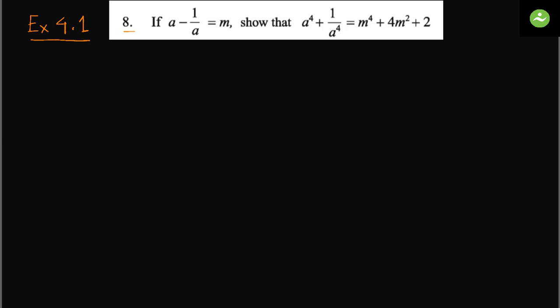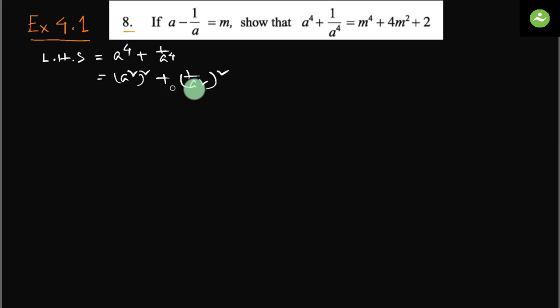Left hand side equals a to the power 4 plus 1 by a to the power 4, which equals (a square) whole square plus (1 by a square) whole square.